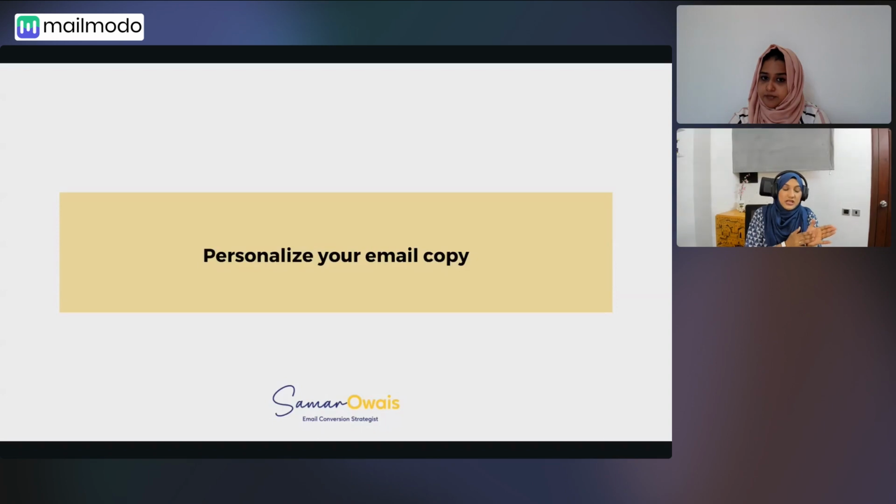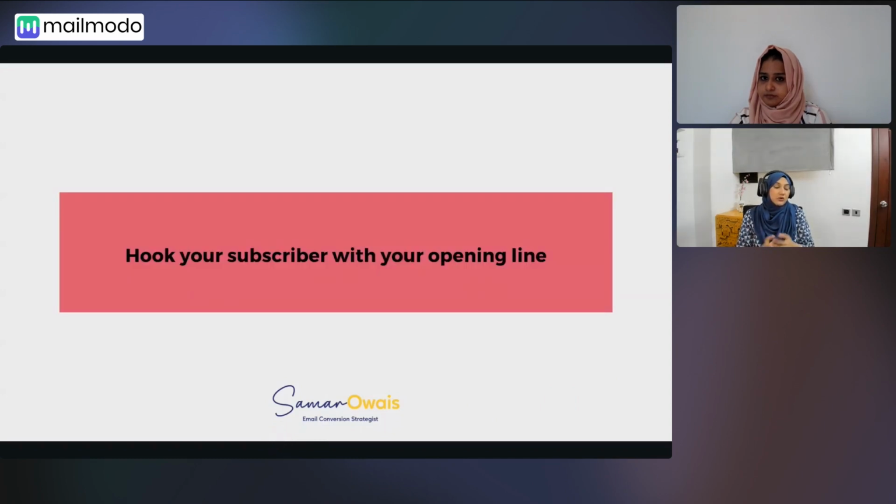So anybody who's taken the action you want them to take will not get future emails. But anybody who has not taken the action you want them to take continues to get more emails. So personalization, if you follow that principle of sending the right email to the right person at the right time, your email automatically gets personalized without using the first name.